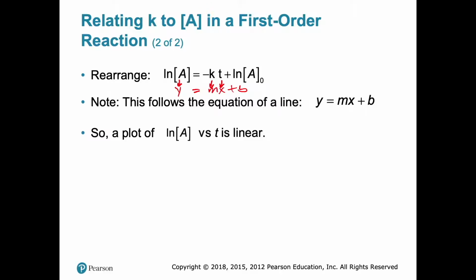And then the y-intercept is the natural log of the initial concentration of A. That has a lot of implications because it means you can graph this now, which is what you'll be doing in lab today.